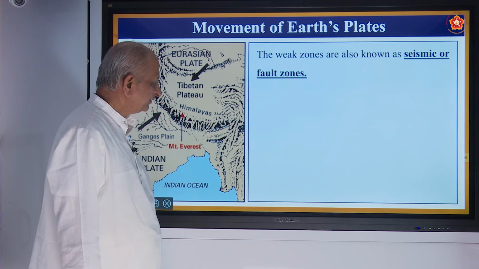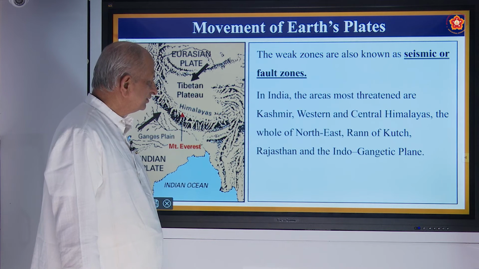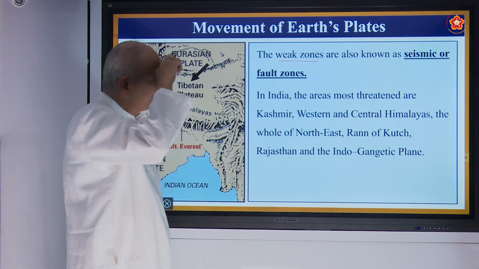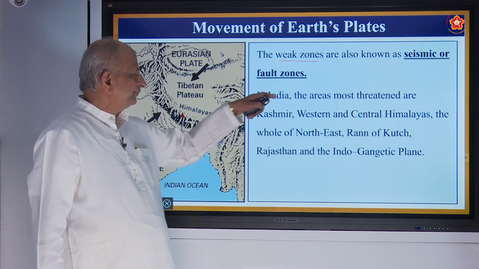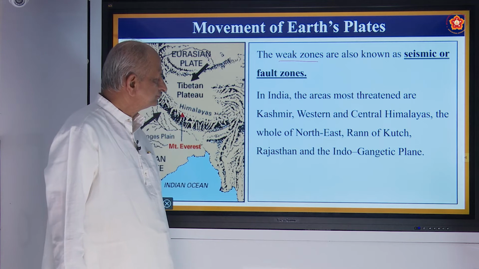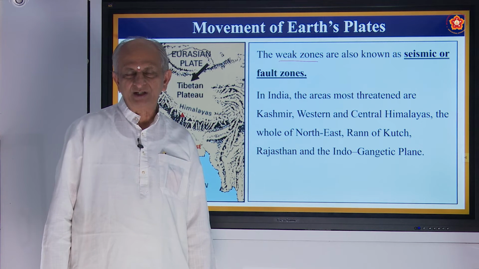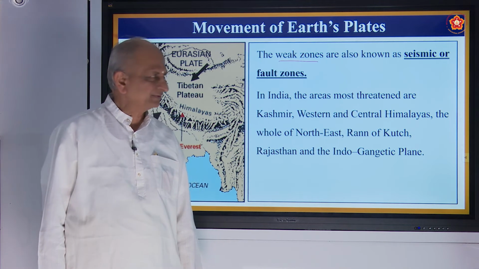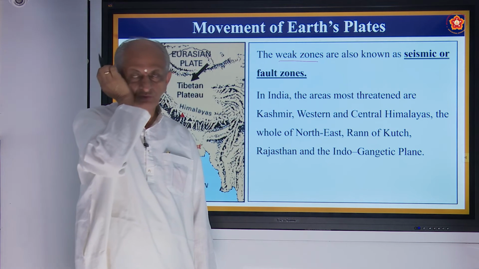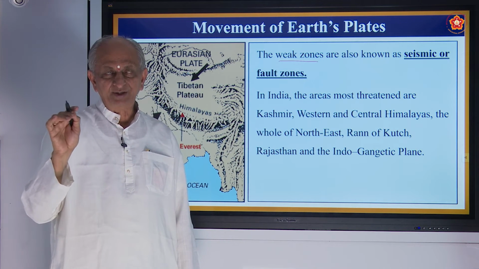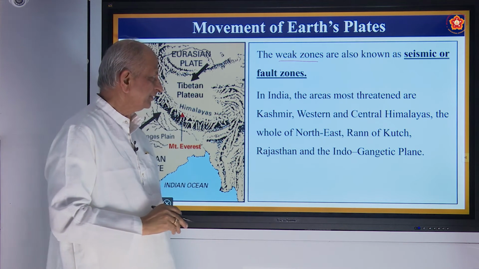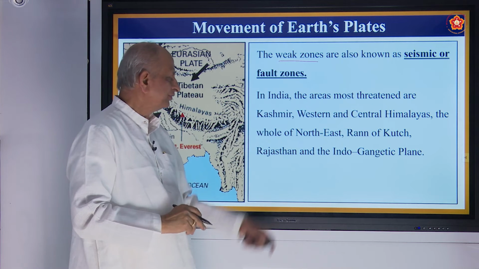In such cases, the areas are called weak zones, where the seismic... what do you mean by seismic? Seismic means connected to earthquakes. So they're called fault zones. These earthquakes will not take place in all parts of the earth, only some portions. They're called fault zones.